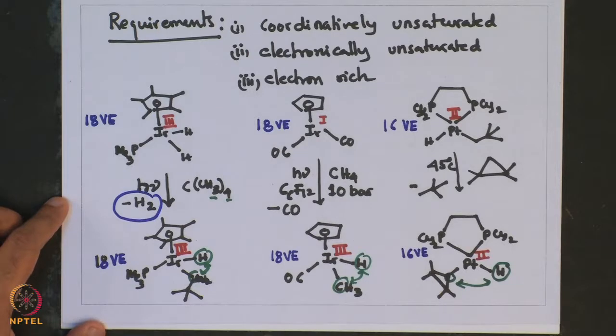So, comparing these examples, what becomes clear is that sigma transition metal alkyl complexes containing activated CH bonds may be obtained even for transition metal complexes that are coordinatively as well as electronically saturated, but which undergo a loss of ligand either by heat or by light, leading to an intermediate which is coordinatively as well as electronically unsaturated, and which then subsequently undergoes CH activation by oxidative reaction with alkane.